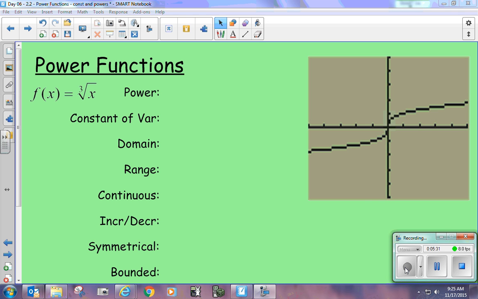Power functions. We have the graph of f of x, which is the cubed root of x. All right? So first, let's figure out what our power and constant of variation is. Anyone know what the power might be? Not cubed, because it's not x cubed, it's the cubed root of x. What's another way to write an exponent? 1/3.